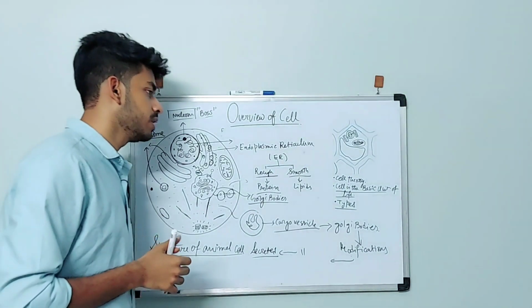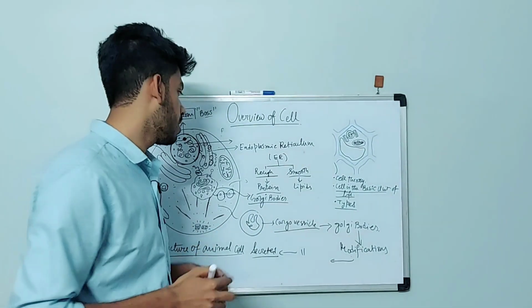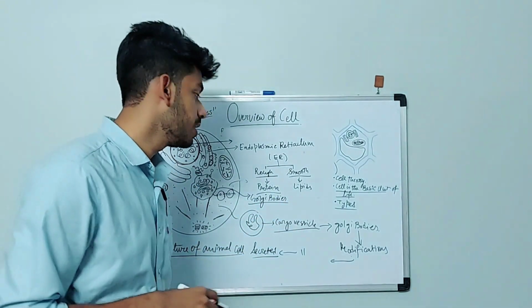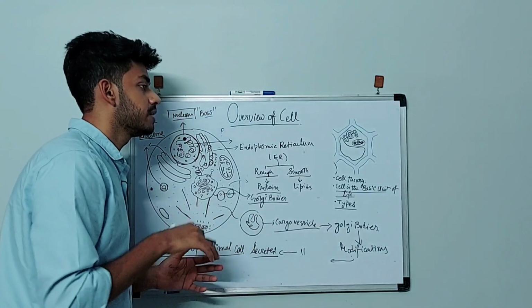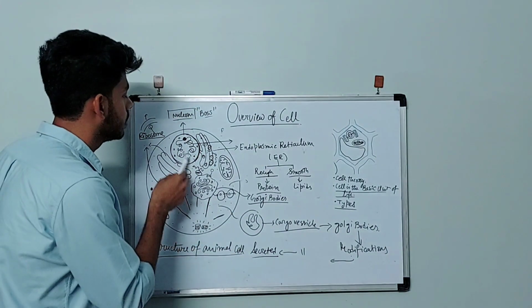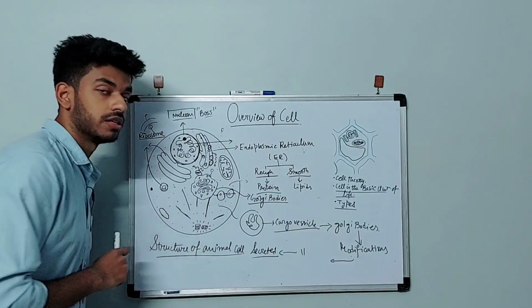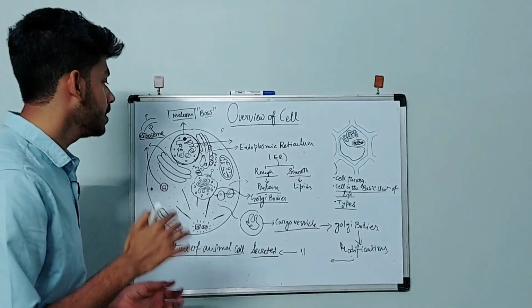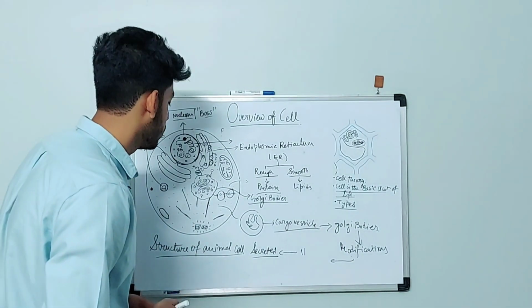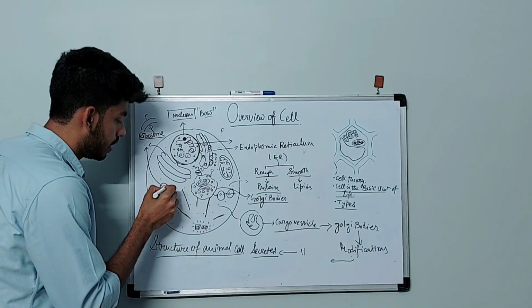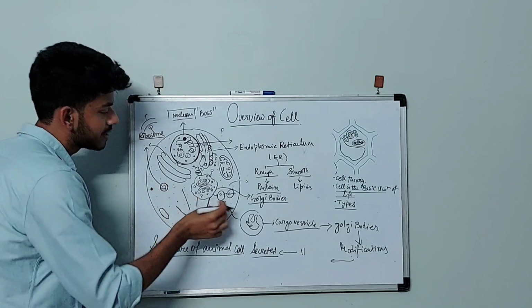So there is another set of proteins. So then, not all proteins are going outside of the cell, it is not like that. There are some sorts of proteins that are required to translocate in the nucleus, that are required to translocate in some of the organelles that I have mentioned here. So those proteins develop freely, meaning there are also ribosomes that are free in the cytoplasm.